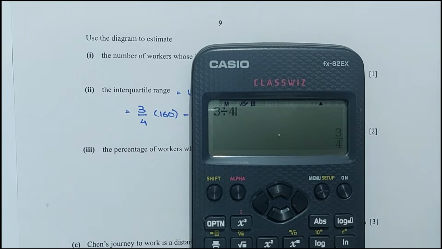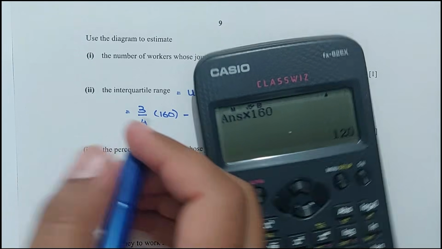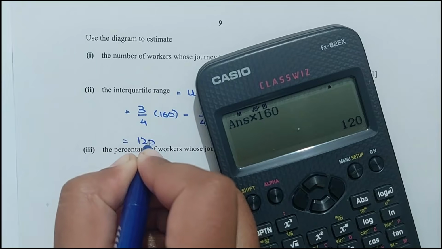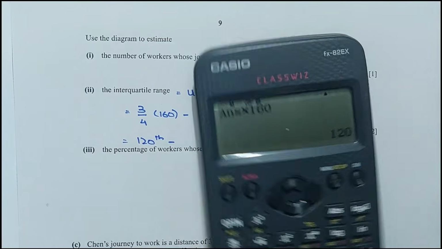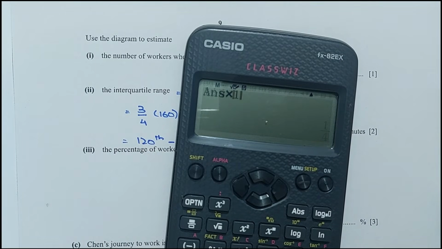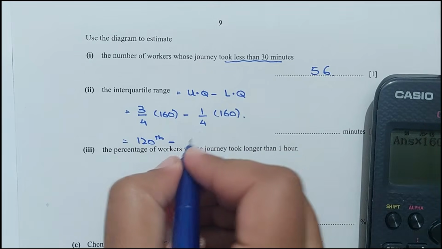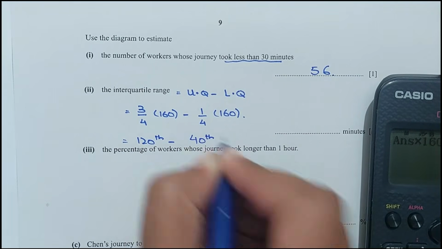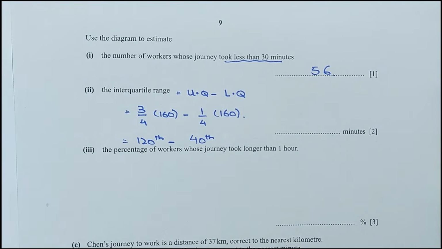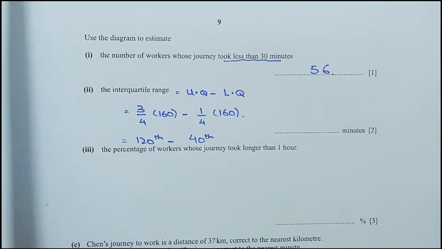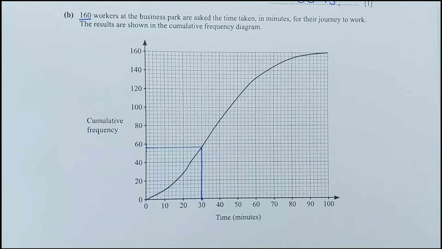So 3/4 of 160 is the 120th value we have to find, and subtract it with 1/4 of 160, which is the 40th value, right? 120 and 40, and we have to find the answer in terms of minutes, right?